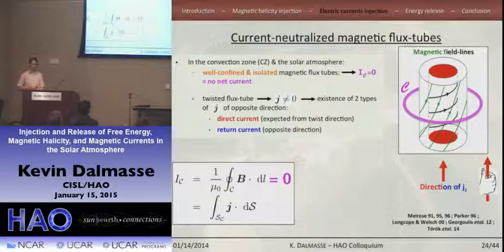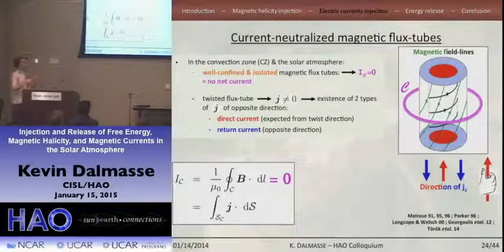Then the return currents are, by definition, shielding currents, which form an envelope around the direct current here, and which have an opposite direction than the direction of the direct currents. And so in this case, the return currents are flowing downwards.